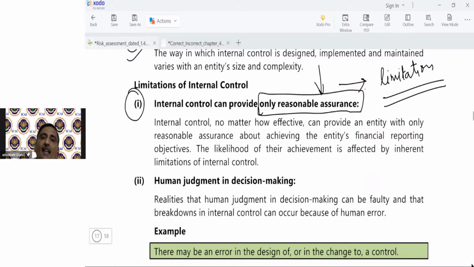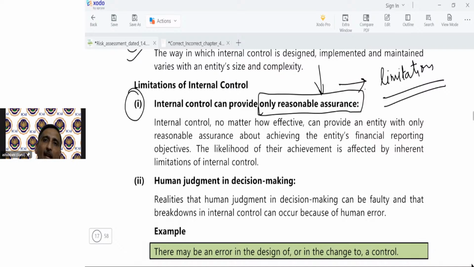In case of audit also, we know that audit provides reasonable assurance, and that in itself is a limitation, because audit is not providing a 100% guarantee. Similarly, internal control is also providing reasonable assurance. Why does it provide only reasonable assurance? Because no system can be foolproof.